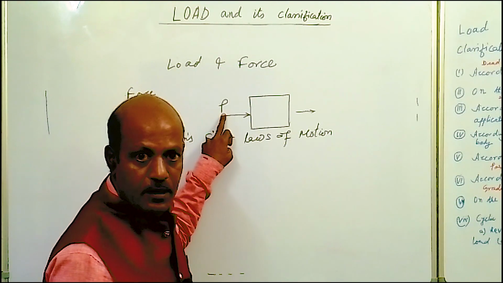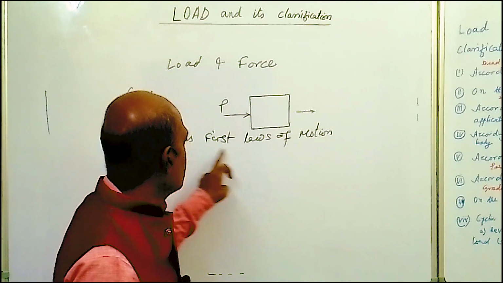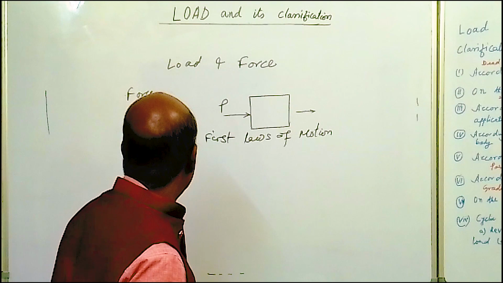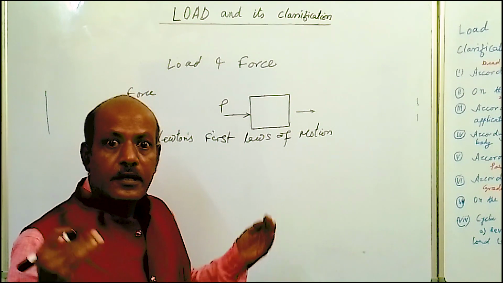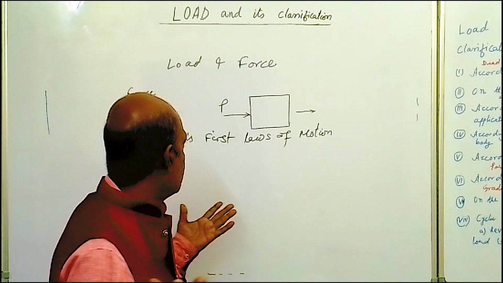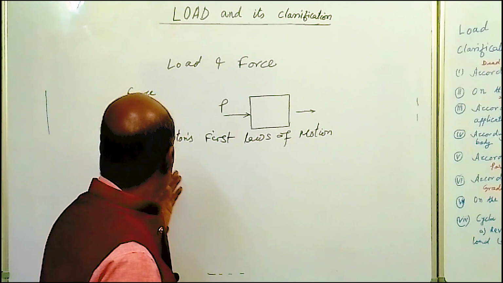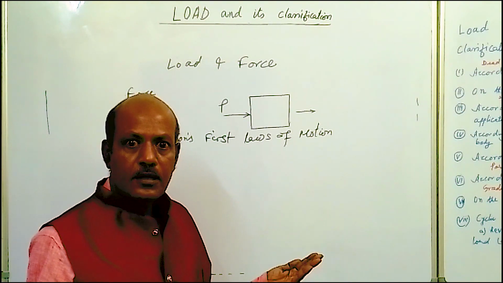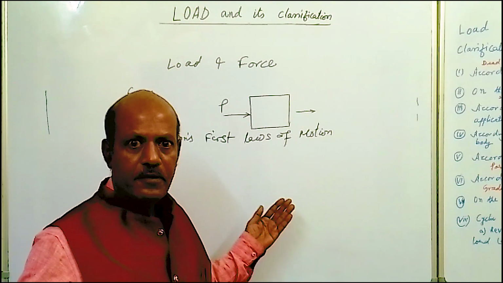This external force, the definition of force, is obtained by Newton's first law of motion. And the measurement of force is obtained by Newton's second law of motion. So what is Newton's second law of motion? The rate of change of momentum is directly proportional to the applied force and acts in the same direction.